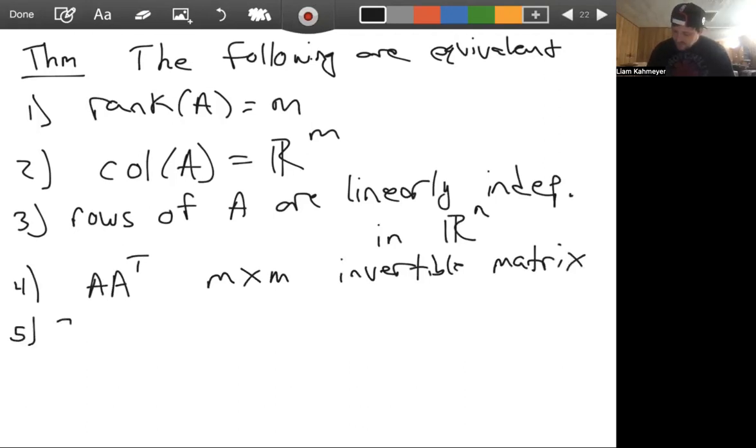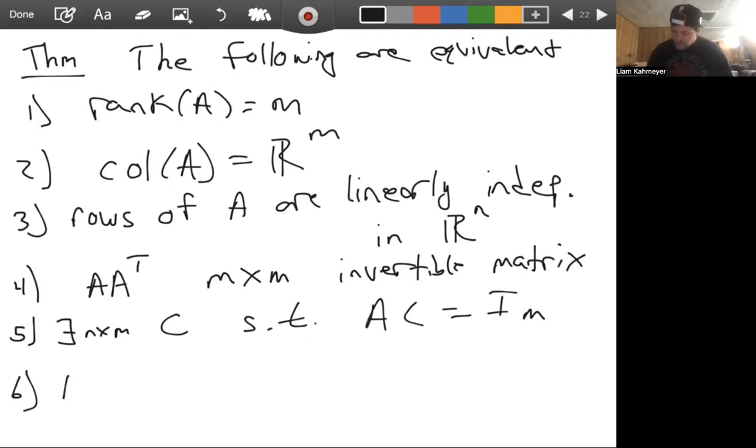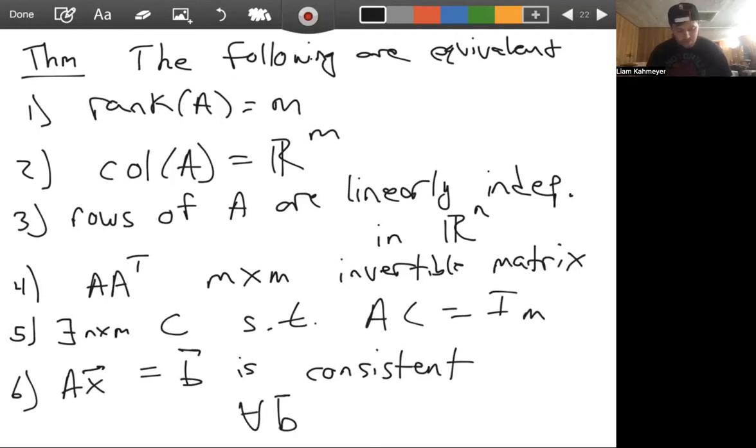We have that there exists an n by m matrix C such that now, when you flip the order, if you multiply by C on the right, you get the identity matrix in the codomain in Rm. And lastly, we have that AX equals B is consistent, meaning there's always a solution for every vector B in Rm.